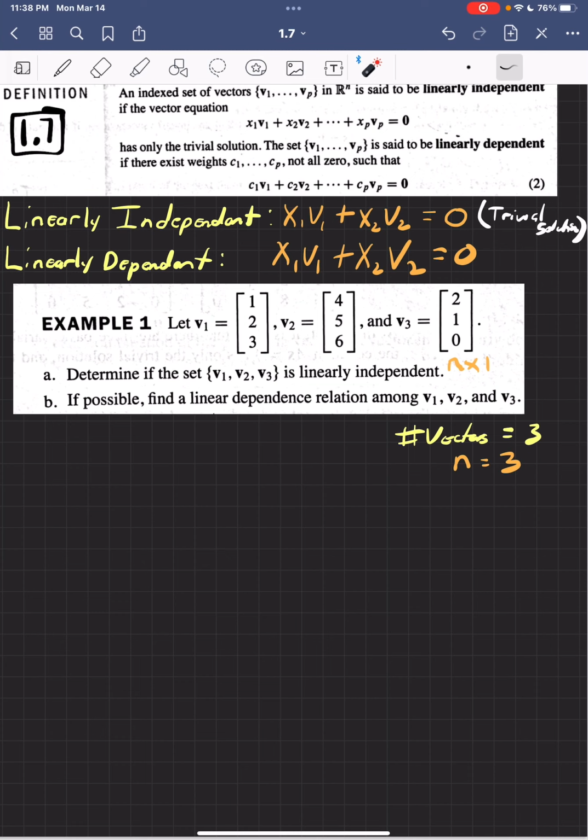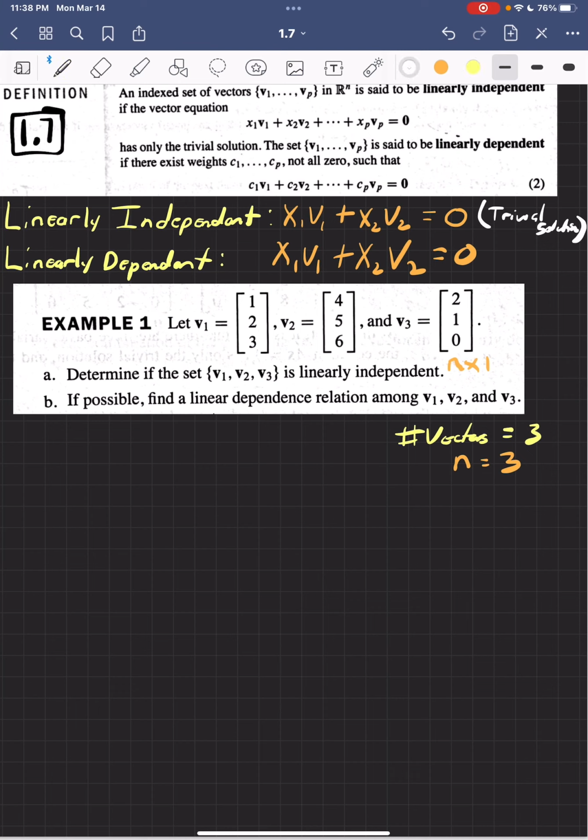Well, part A, it says determine if the set of these 3 vectors is linearly independent. In other words, determine if only the trivial solution works. So let's set up the vector equation here, right?